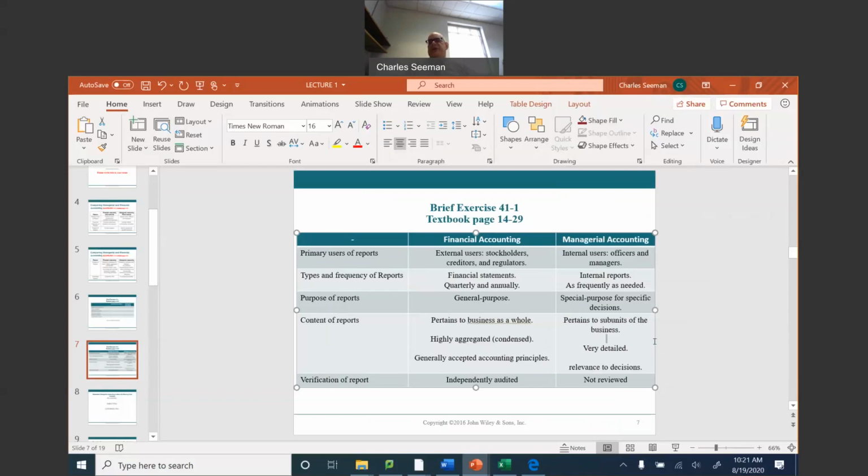They're very detailed and they're relevant to making a decision. Verification of reports. An independent auditor audits my financial statements, whereas managerial accounting reports are not reviewed. Again, you can tell the quality of a managerial accounting report by the decisions made by the managers to whom he or she provides information.